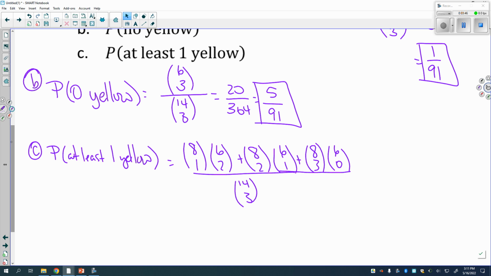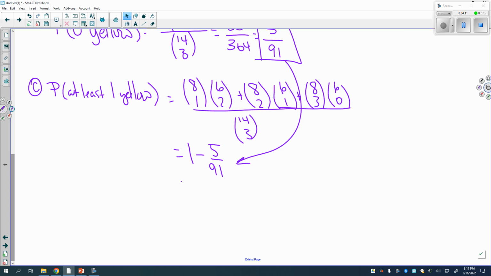And I'd go through, I'd find all these combinations, and I'd add them up. Or, if we are paying attention, we can see that the complement of at least 1 yellow is no yellow. So a quicker way to do this would be to take 1 and subtract the probability up here of 0 yellow. So 1 minus 5 over 91.